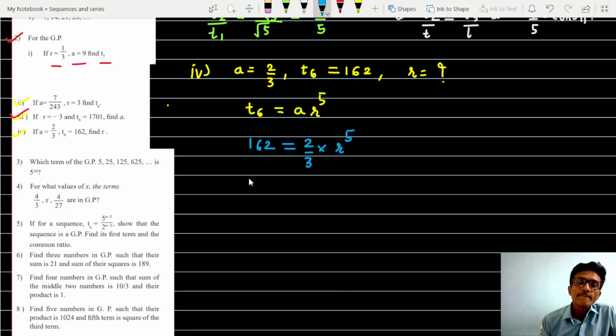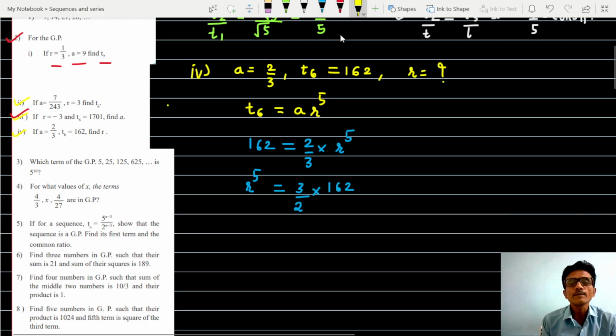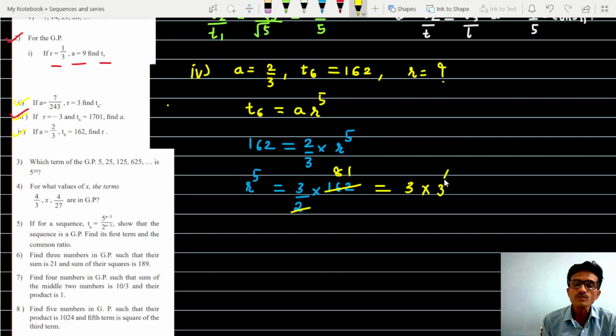Now this is R raised to power 5 is equal to 3 into 3/2 into 162. हाँ, तो इसको हम रिड्यूस करेंगे, दैट इज 81 आएगा. ये 81 मतलब 3 raised to power 4 है. 81 मतलब कितना? 3 raised to power 4 और 3 raised to power 1 मिलकर 3 raised to power 5 आएगा टोटल.